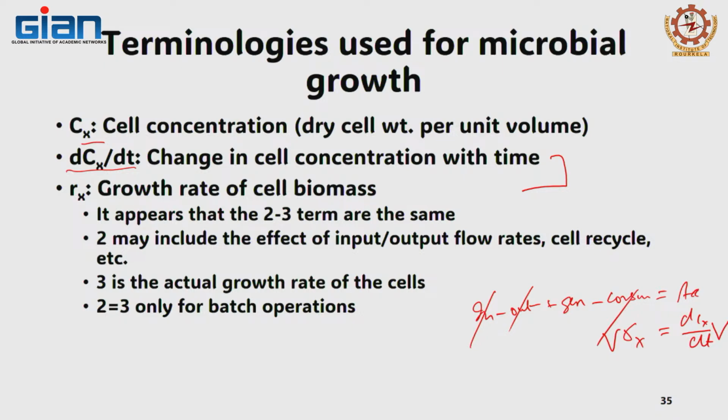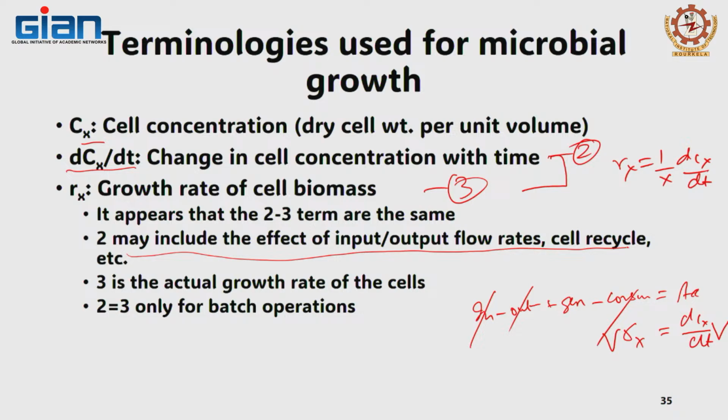The difference between these two is Rx is 1 by x dCx by dt. You have to have that term of x, because it is the rate of growth. So, it will appear that the terms 2 and 3 are the same, but the 2 may include the effect of input and output flow rates and the cell cycle, because you might do a cell cycle, it might keep on increasing it.